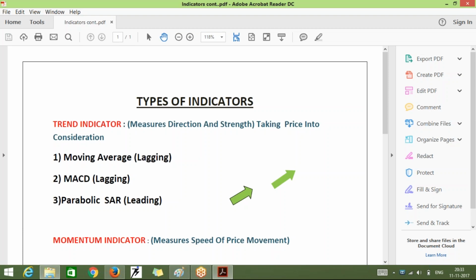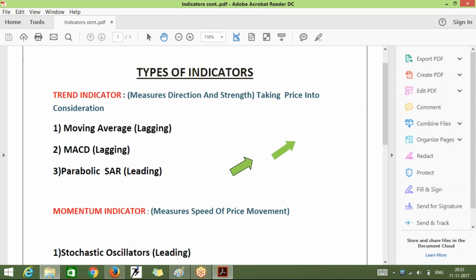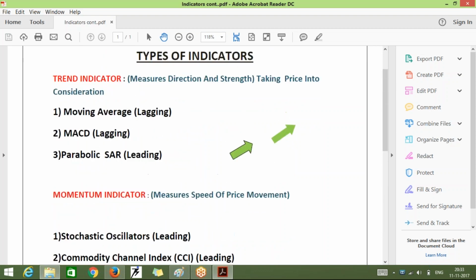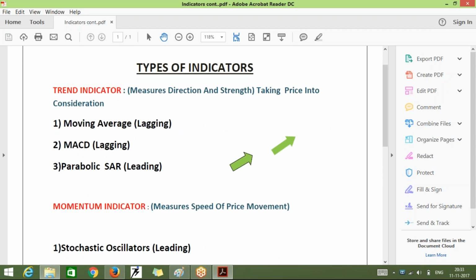Anyways, now moving to types of indicator. As you can see on your screen, I have mentioned 1, 2, 3, and 4 types of indicator. Under lagging and leading indicators, we'll have different types of indicator. The first one is trend indicator.